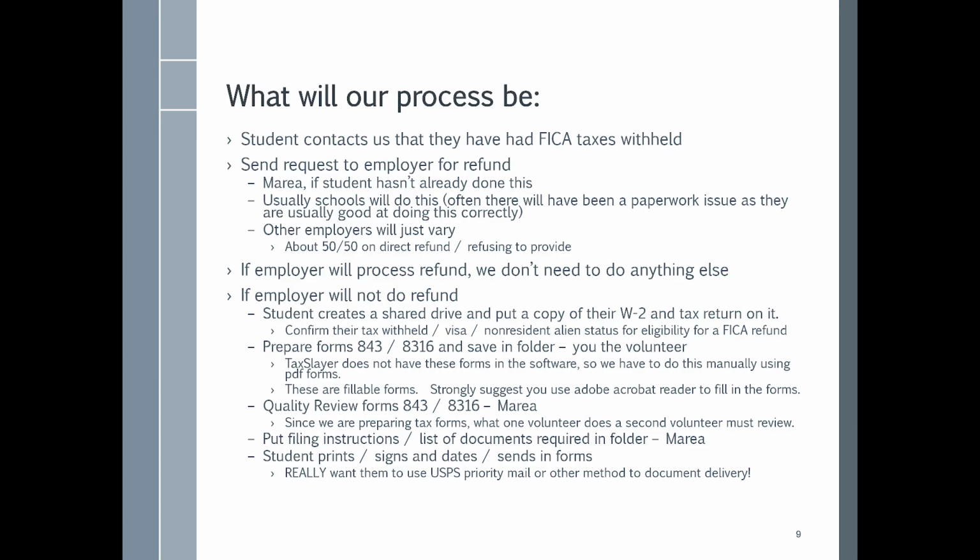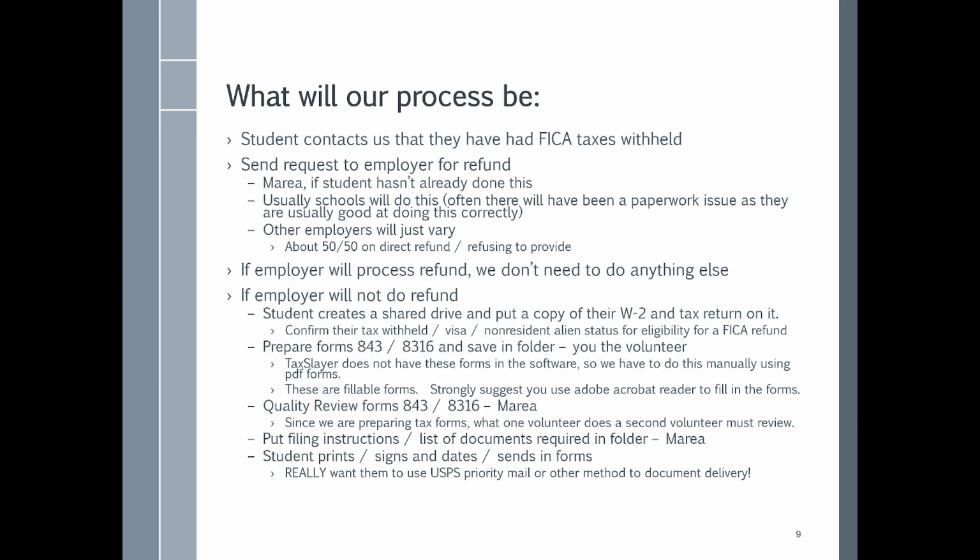Then you, as a volunteer, are going to prepare forms 843 and 8316 and save them in the folder. TaxSlayer does not have these forms in the software, so we can't do that. We're going to have to go really old school and fill out the PDF forms electronically, by typing them in rather than using any real software to do it.